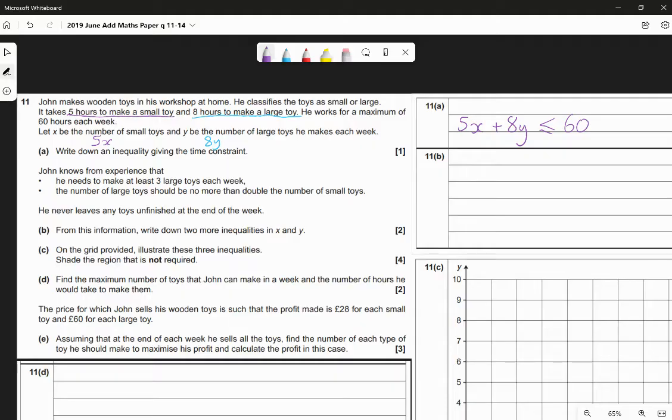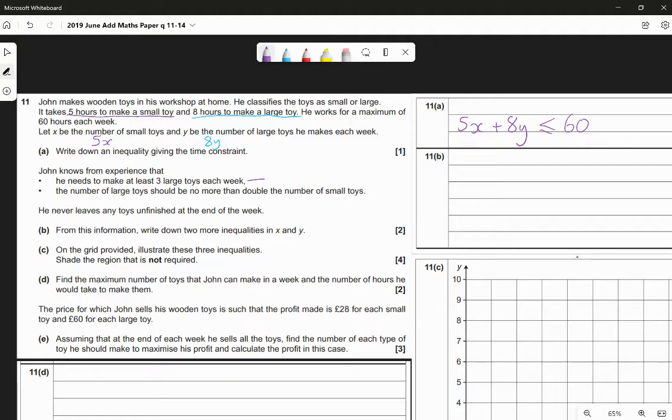John knows from experience that he needs to make at least 3 large toys each week. He makes x small toys, he makes y large toys. He needs to make at least 3 large toys. So y itself has to be more than or equal to 3, because if it's at least 3, it could be 3 or 4 or 5, etc. So in part B, from this information, write down 2 more inequalities.